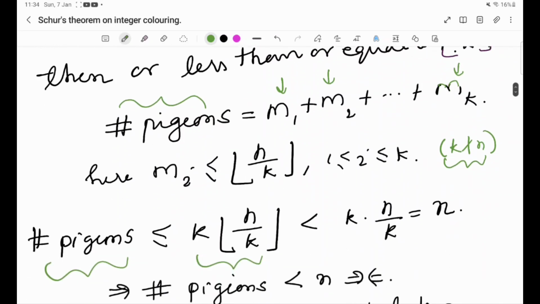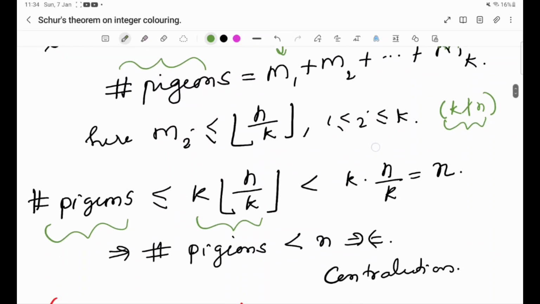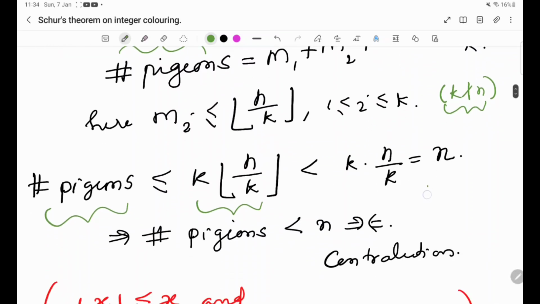So in this case, I assume k does not divide n. If k divides n, you can prove it in a similar way, and then we don't have to use the floor and ceiling function. In this case it is a strict case, because n by k is not an integer, so you can use this. So what you prove is that the number of pigeons is less than n.